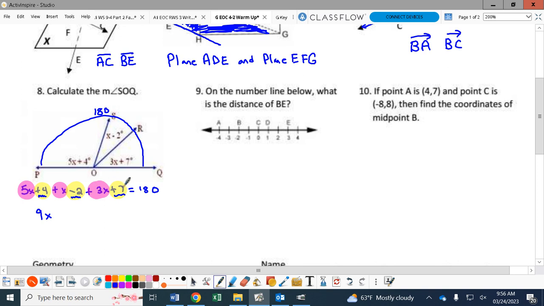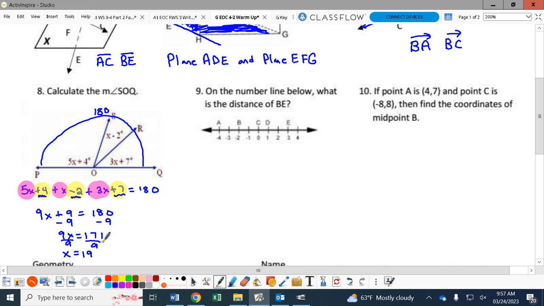If you do 4 minus 2 plus 7, what's that give you? 9 again. Okay. Equals 180. We're going to subtract 9 to make it 9x equals 171. Yes? Okay, this will make sure. Divide by 9, and how many times does 9 go into 171? 19. What do you think one of the choices is going to be on the test? 19. Is that the answer?